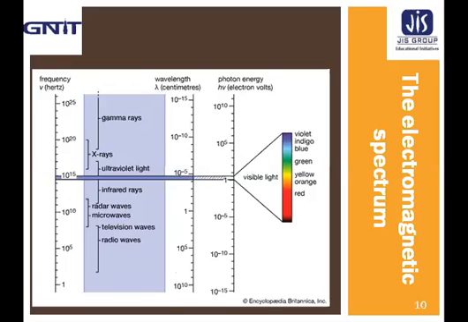Now, beginning at the low frequency and long wavelength, and at the end of the spectrum, these are radio waves, microwaves, infrared, visible light, ultraviolet, X-rays, and gamma rays at the high frequency with short wavelength at the end.